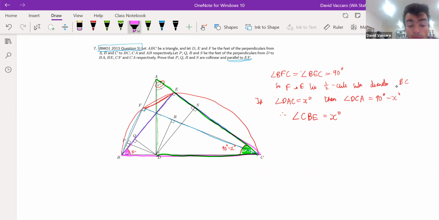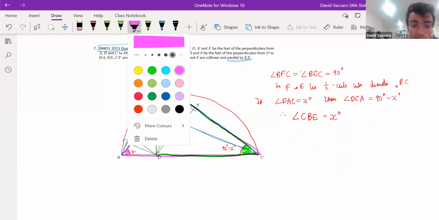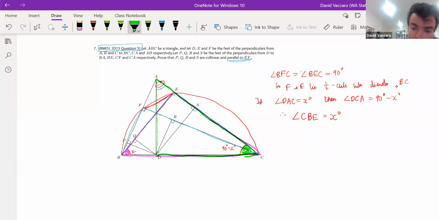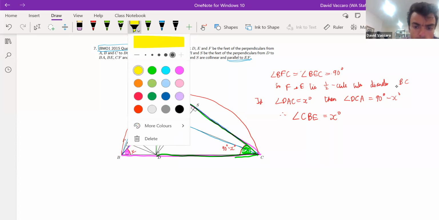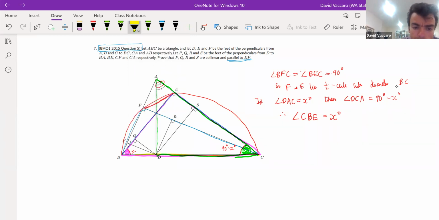And now I remember my initial idea, that every time I want to have a circle, because that gives me lots and lots of nice equal angles. So I've got this angle CBE, that lies on a circle, but that subtends the same arc as angle BFE.